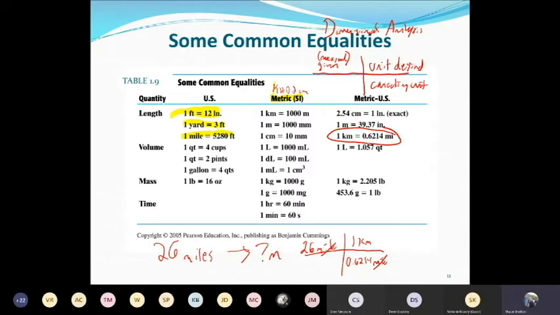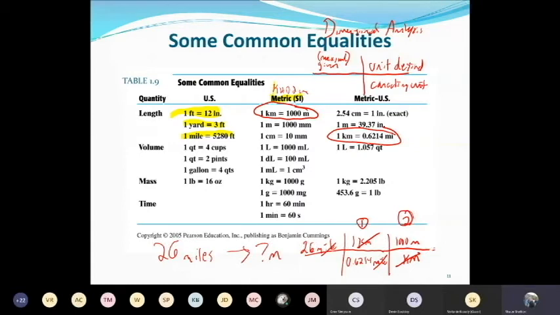So we're trying to get meters, so now we see a conversion factor here where we can convert kilometers into meters, okay? So you can do this in a two-step problem. This is the first calculation, and this is going to be your second one. So there's 1,000 meters for every kilometer. So your kilometers are going to cancel out.